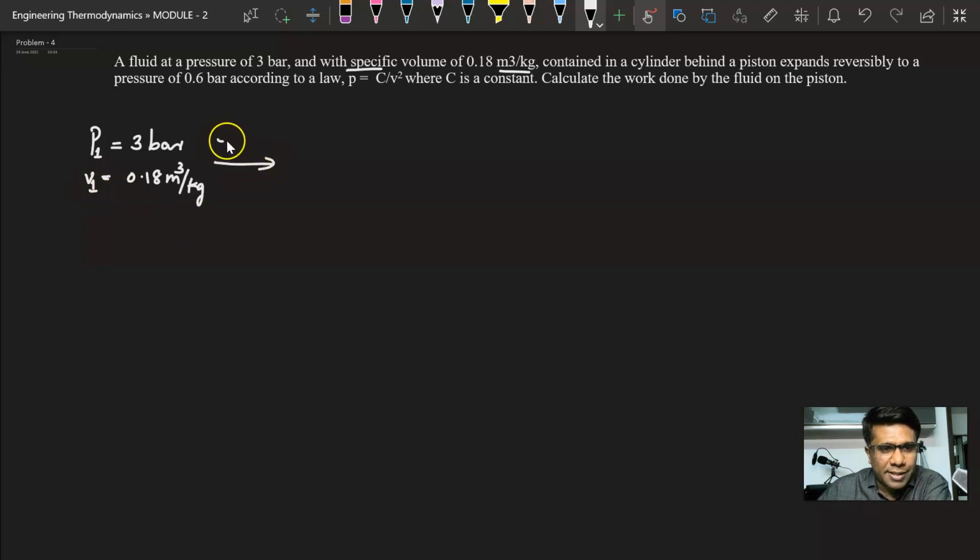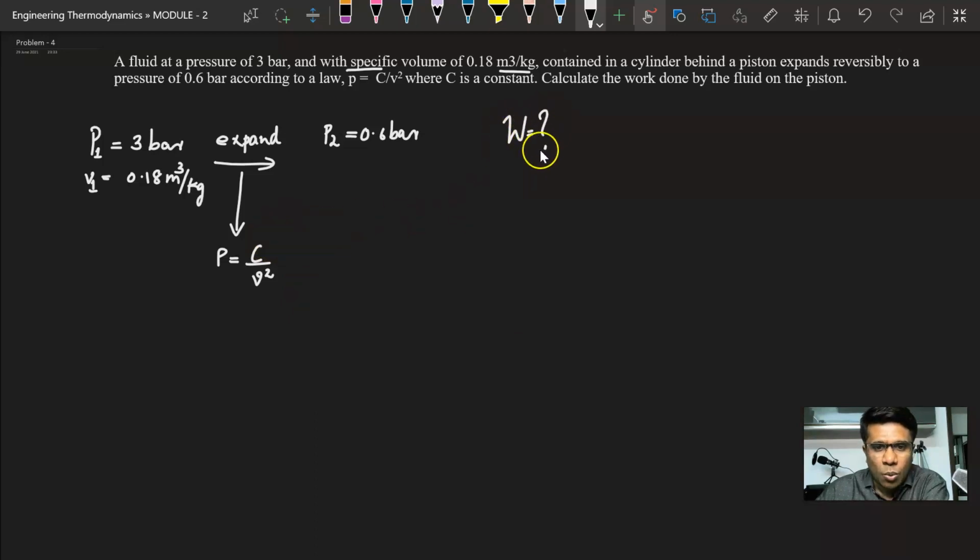Now this is expanded reversibly to a pressure of, that means P2 will become 0.6 bar, and while this expansion process is happening, it follows a relation P is equal to C by V square, where C is a constant. Now what we have to do is find the work done.